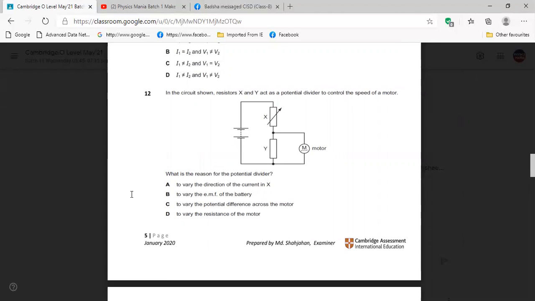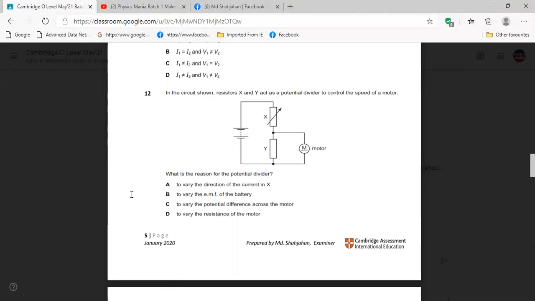What is the reason for the potential divider? Okay, so they are saying resistors X and Y act as a potential divider to control the speed of a motor.